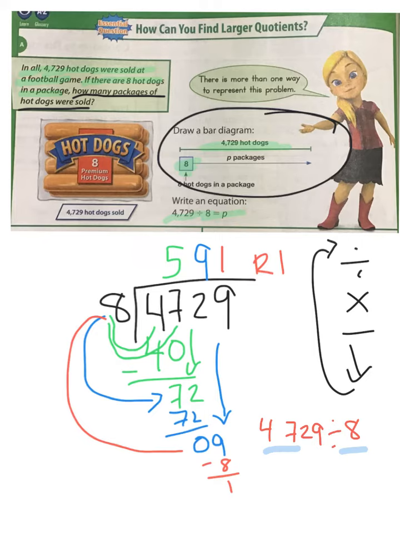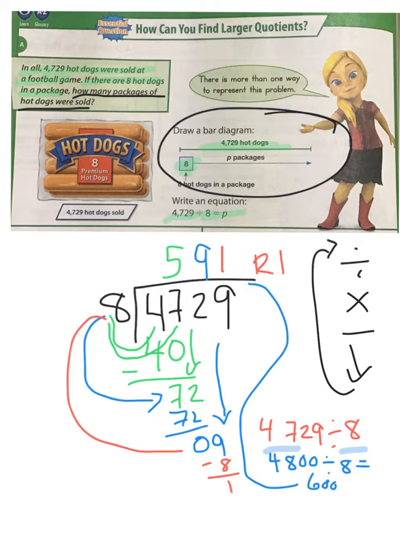A multiple of 8 that is close to 47 is 48. Then we're going to use zeros, so 4,800 divided by 8 is about 600. Since 600 is close to 591, remainder 1, we know that our answer is reasonable.